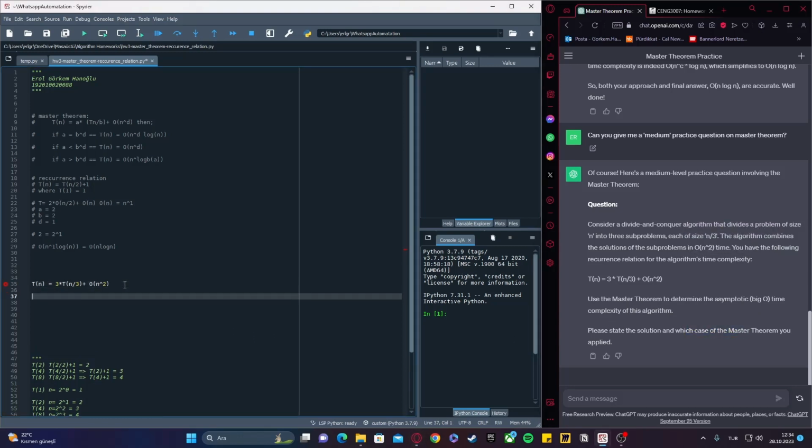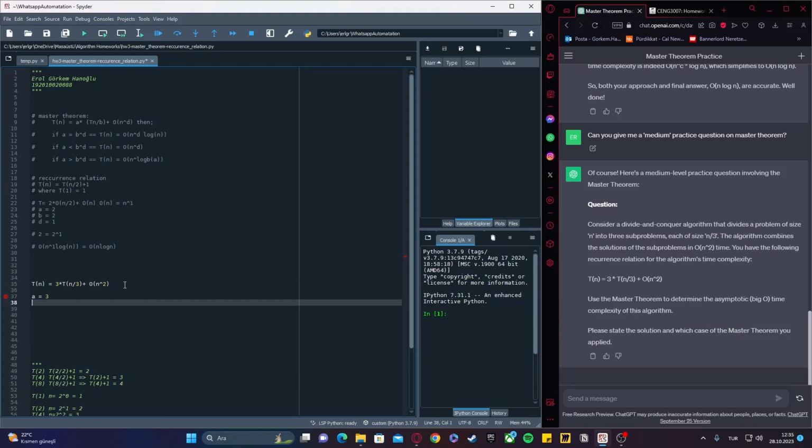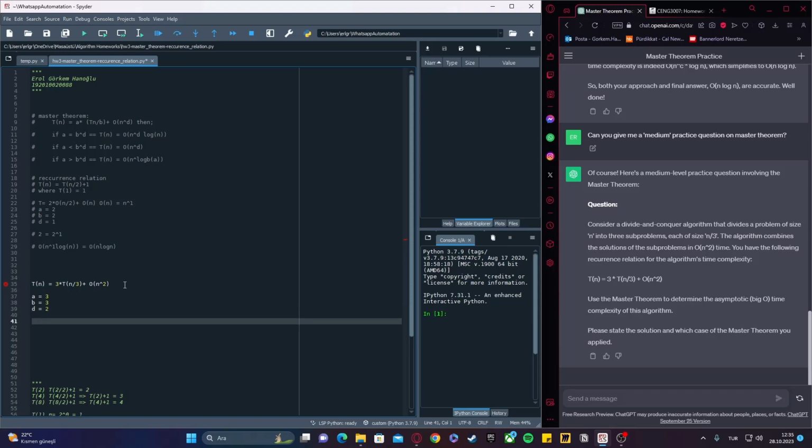Same here: a is equal to 3, b equal to 3, and d equal to 2. If you compare a to b to the power d, it will be 3 and 3 to the power 2, which is 9.